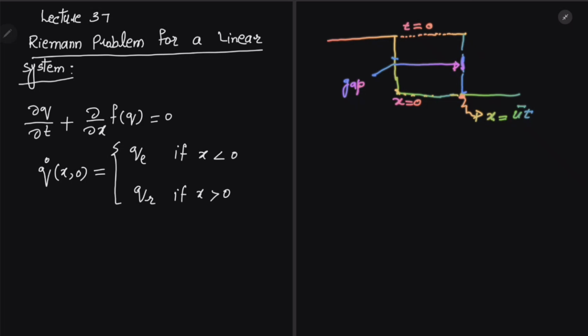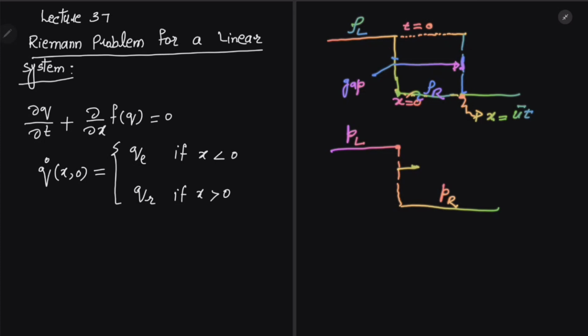If we have, for example, two equations, then we have two values. For example, this can be density and this can be pressure, and so on. Such a system is called the Riemann problem, and we already discussed that the point will move towards the right or towards the left.